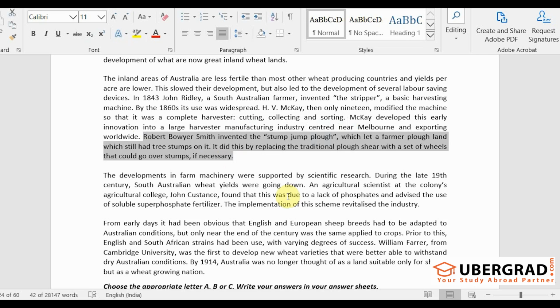So Robert Bowyer Smith invented the stump jump plow, which let a farmer plow land which still had tree stumps on it. And how did he do that? By replacing the traditional plow share with a set of wheels that could go over stumps if necessary. Read it?